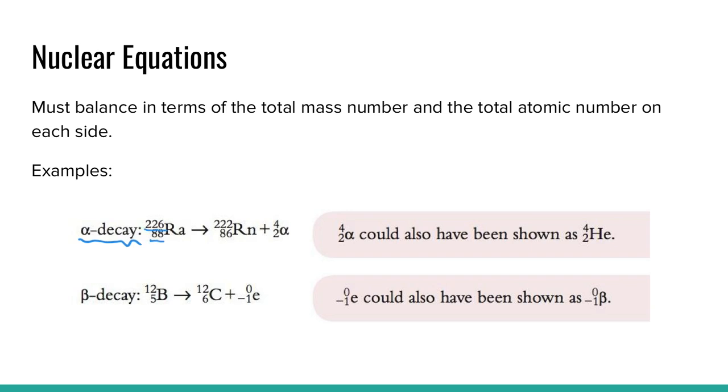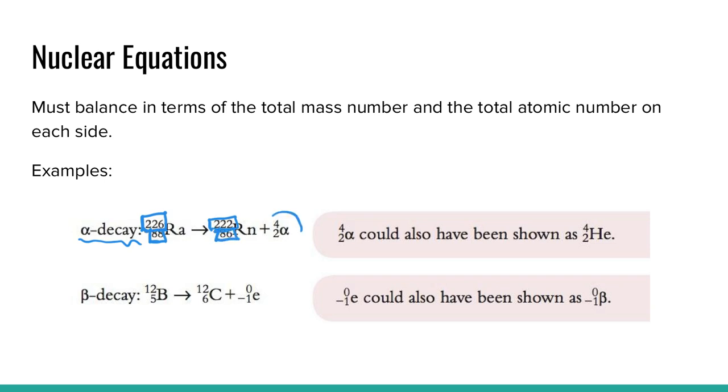if that undergoes alpha decay, then the alpha we create, remember, an alpha particle is two protons and two neutrons. So the mass number is going to go down by 4, going from 226 down to 222, and the atomic number is going to go down by 2.